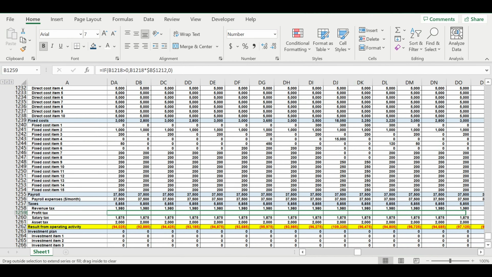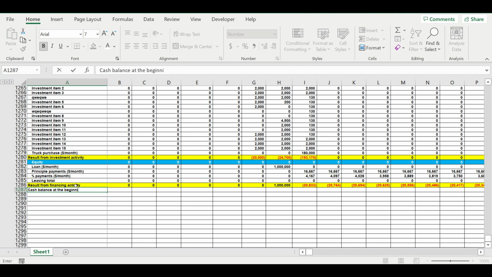Now we create the line for cash balance at the beginning of the period, and here we calculate cash balance at the end of the period. This will be the end of the cash flow statement.